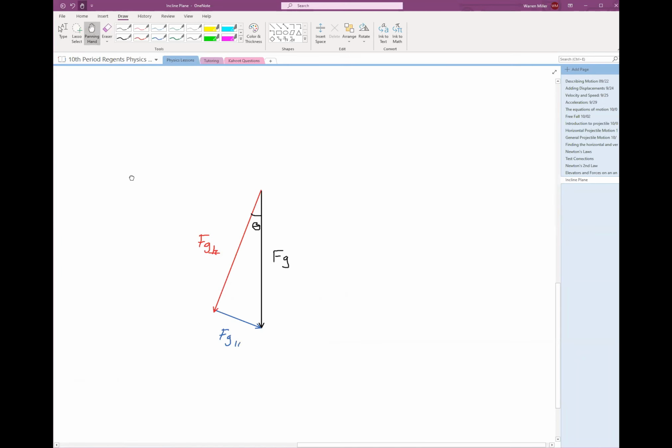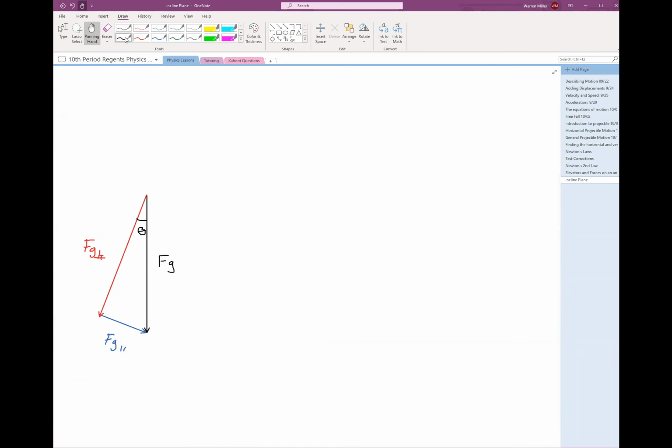With a touch of trigonometry, we can solve for each of these key sides, the parallel and the perpendicular part. We can write sine of theta is opposite over hypotenuse, and cosine of theta is adjacent over hypotenuse. That's nothing new, right?